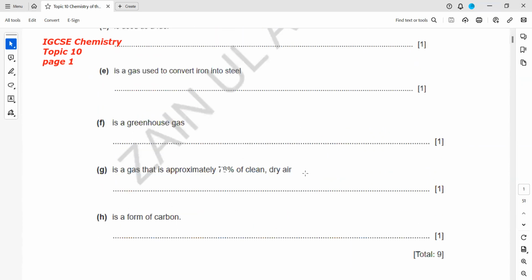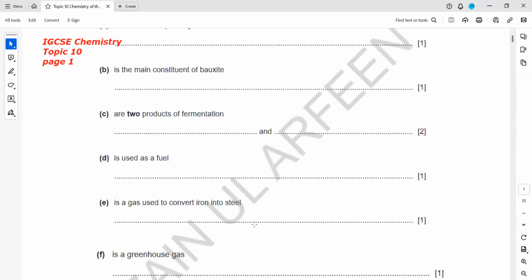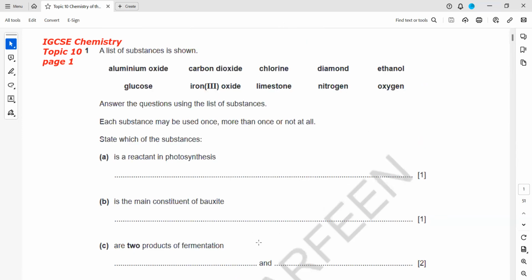Which gas is approximately 78% of clean dry air? That is nitrogen, 78% of clean dry air.